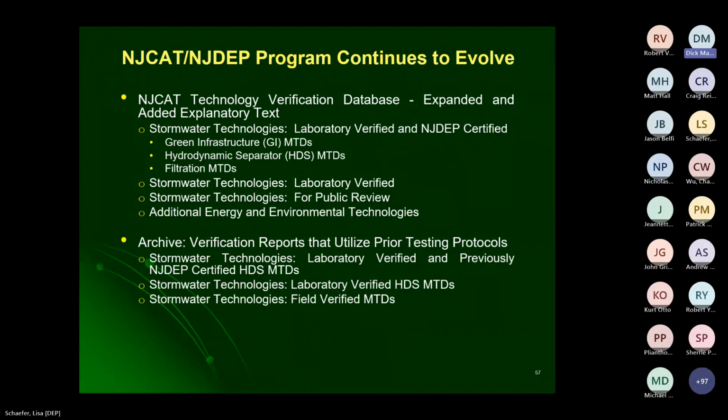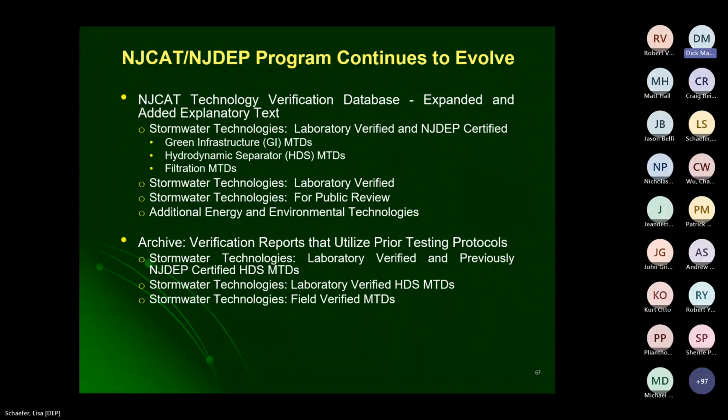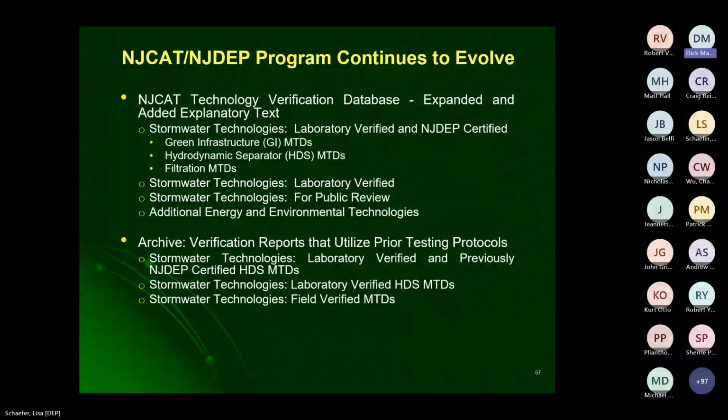And then there are some additional energy and environmental technologies. As I said, there's also an archive page now, both for the department and for NJCAT. And as verification reports get sunsetted or are no longer verified, they've been moved to an archive category. Industry asked that that be done, and it makes sense only because they spend a lot of money.